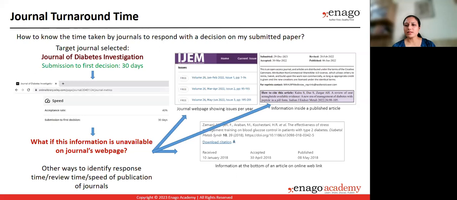On the others, we can see that on the published article webpage, there is information like submitted date, revised date, even the published date. These dates can give you an idea of the time gaps between each of these stages on the journal's article webpage.